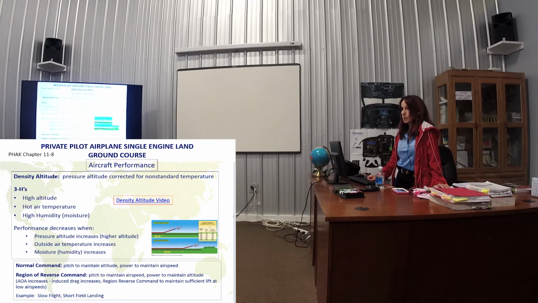Called the 3 H's: high altitude, hot air temperature, high humidity. Extremely less performance. You start out, let's say 6,000 feet, with less air molecules around you. You add hot temperature, air molecules rise even quicker, even less air molecules. Then you add moist air molecules, and you have tripled the effect.